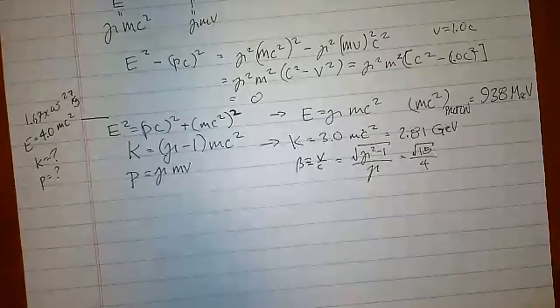I got 4.85 times 10 to the negative 19th. It seems like you made a calculation error or typo or something. I got like 10 to the negative 18th.